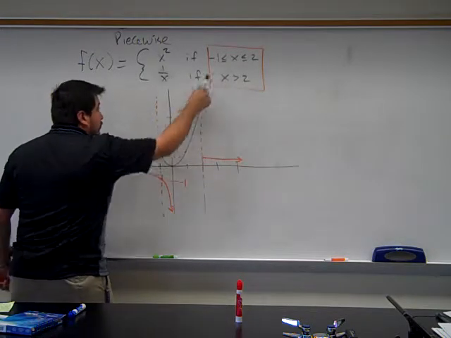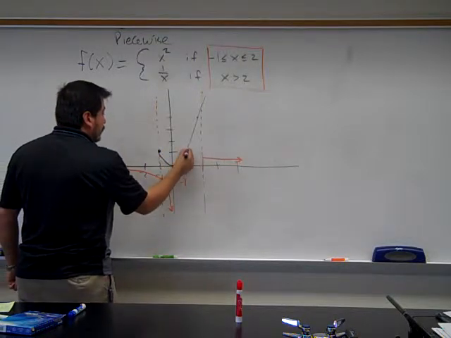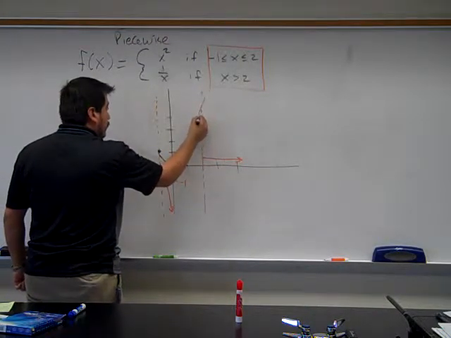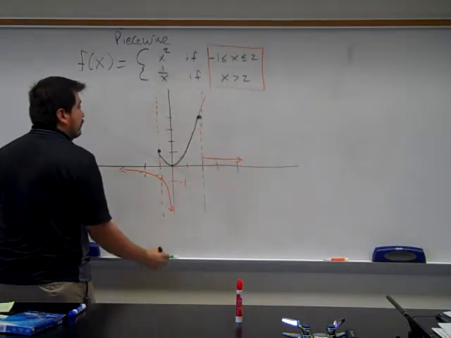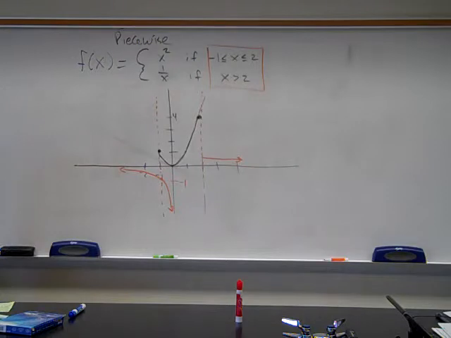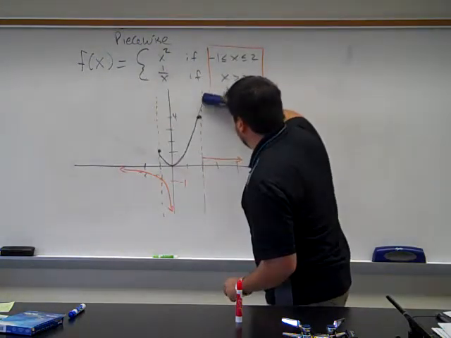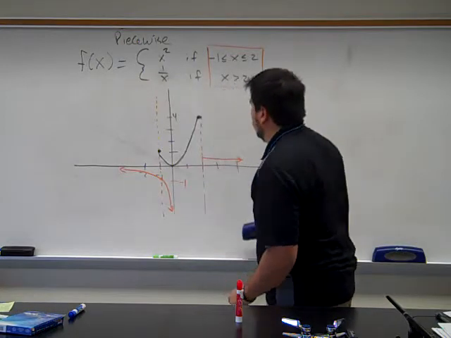So we have a closed circle because it's equal to at -1. We have a closed circle at +2 where we get an output of 4. But now I don't want anything to the right of that. Okay?